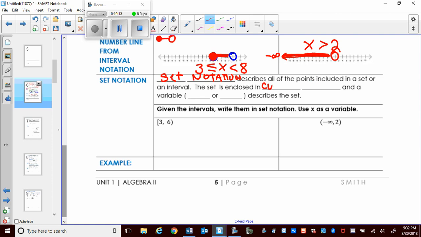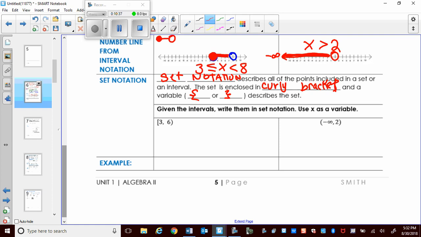Curly brackets. Symbolically, it looks like this. Okay? And it describes the set.